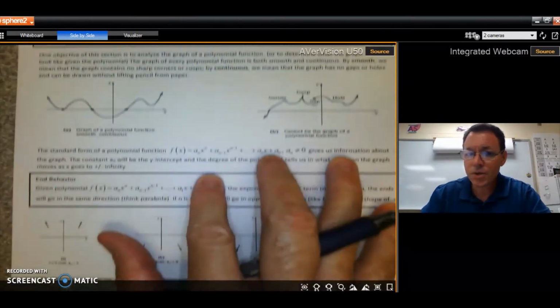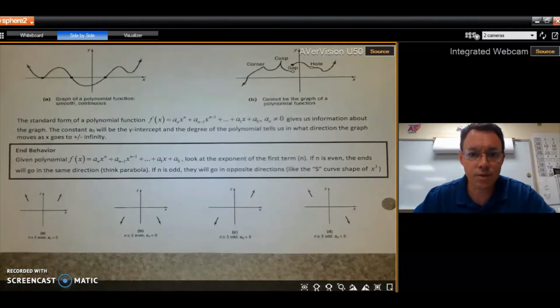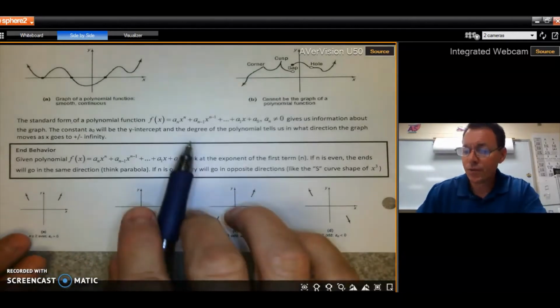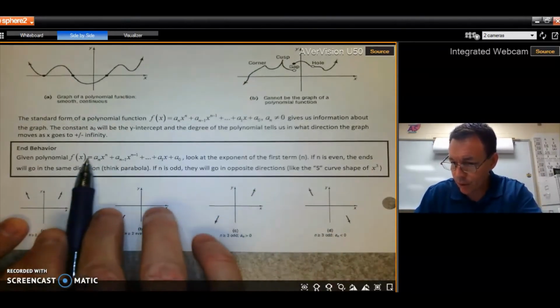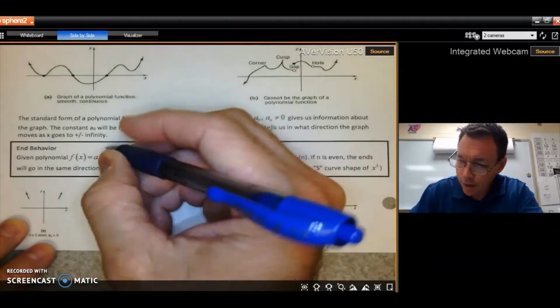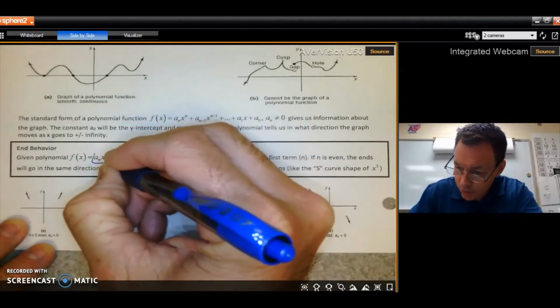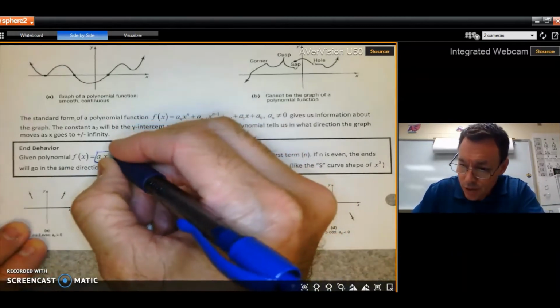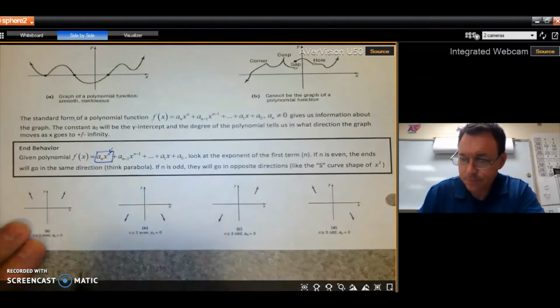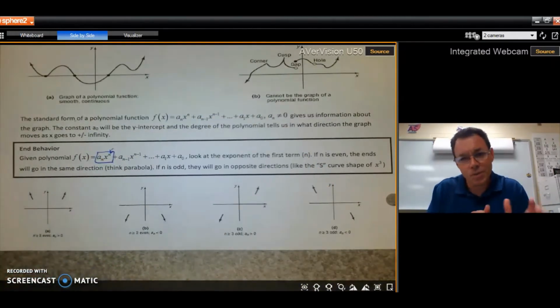Well, there's something about the polynomial that tells you what's going to happen. So if you are given some polynomial, here's some crazy polynomial, all you do is look at this first term right here. That first term is going to tell you exactly what the ends of your graph are going to do. And more specifically, you're just going to look at this exponent right here. Well, the exponent, and then there's one other.